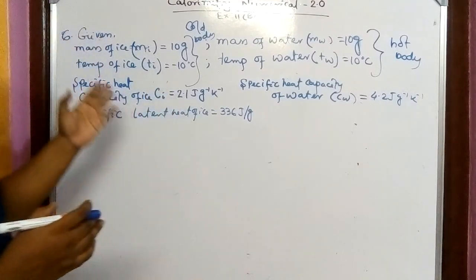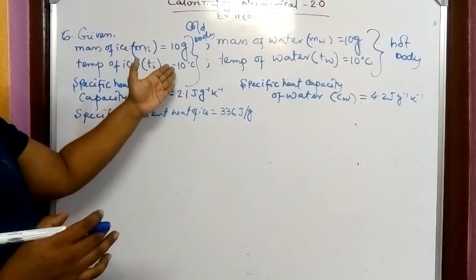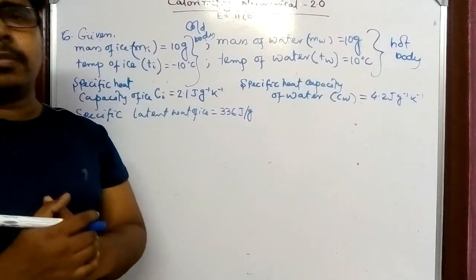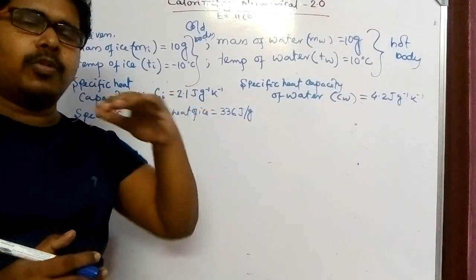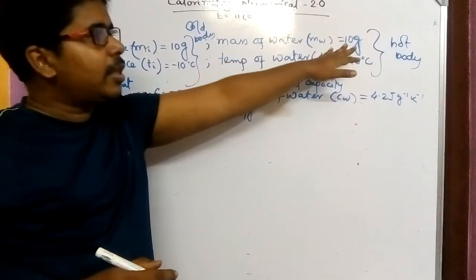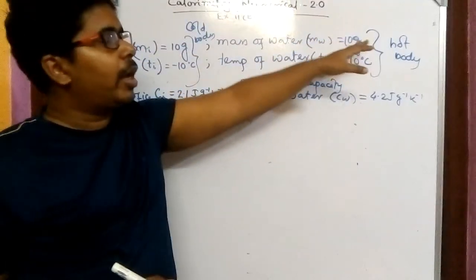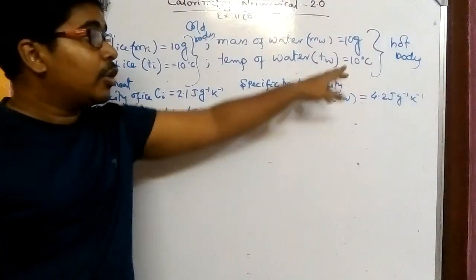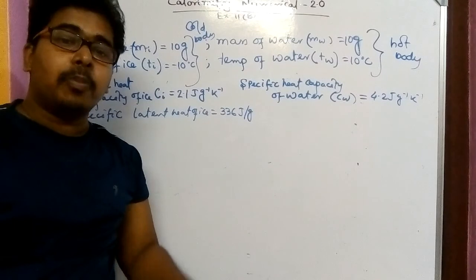So when ice gains heat from minus 10 degrees centigrade, it will increase up to the ultimate value, that is 0 degrees centigrade. And the water we have been given will also lose heat energy, so its temperature will decrease up to how much?